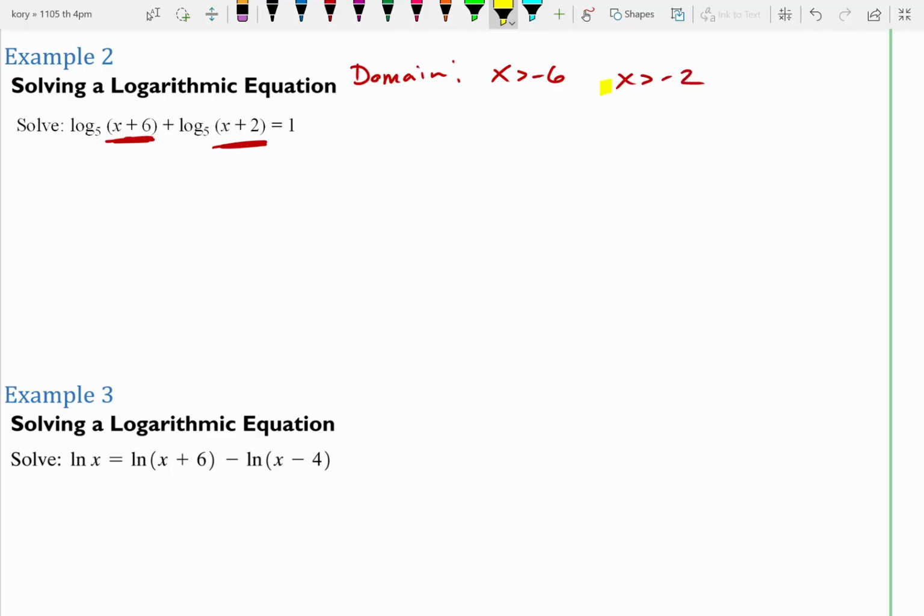You only care about the highest number, because if it's greater than negative 2, it's greater than negative 6. You don't want any of these to be 0. So in order for none of the underlying ones to be 0, the answer needs to be greater than negative 2. You only care about the biggest number in your domain.